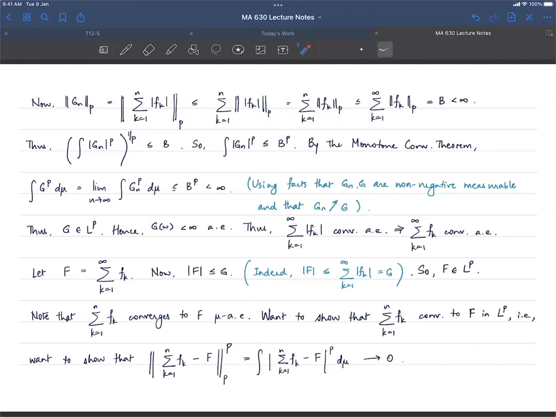Now remember that every term here is non-negative, so if I add more terms, the result cannot get smaller. So this is less than or equal to the sum k going from 1 to infinity of norm fk. But by assumption, this was just b, which is finite.